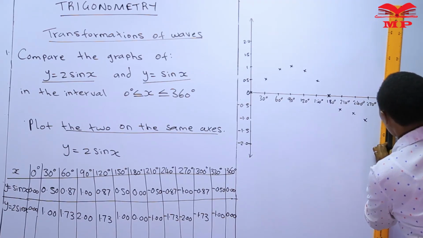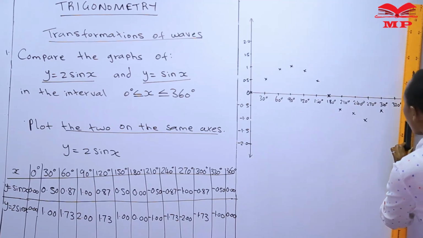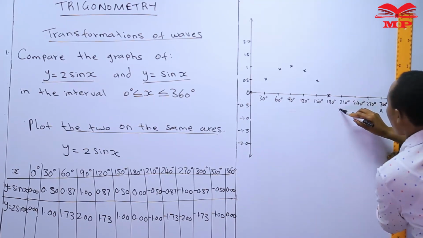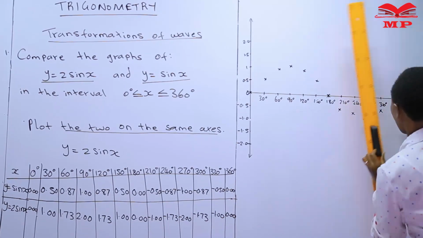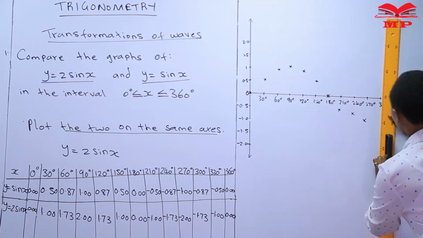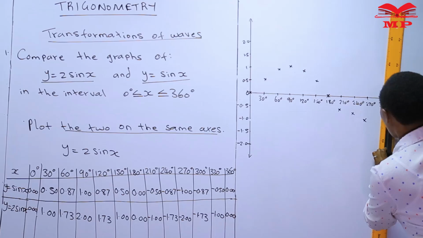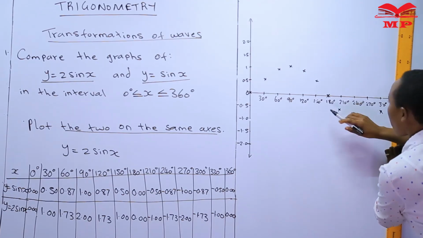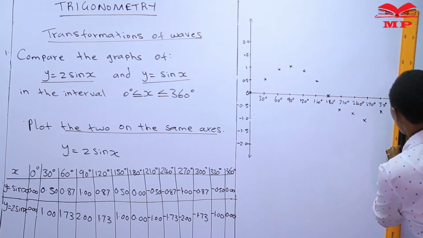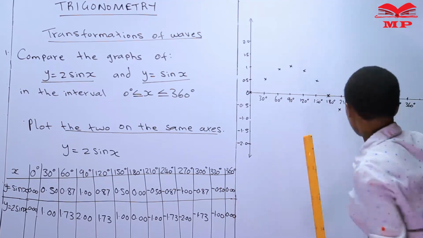Then we have 330, negative 0.5, which was this on 210. Then 360, we have it as 0.